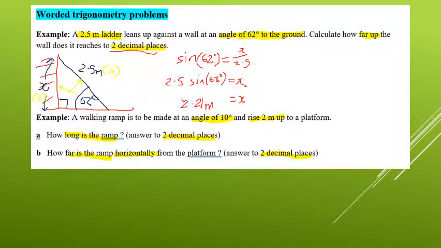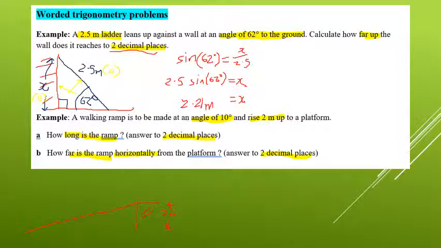So the way I read this, I've got a ramp which is going up like this and goes to a platform, something like this, but this height here is 2 metres from here to here, or to here I should say.